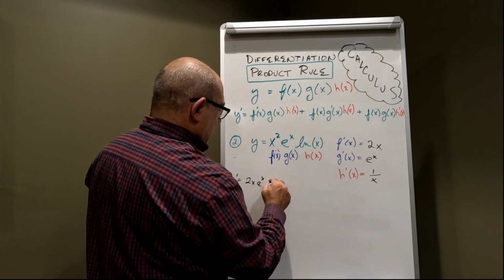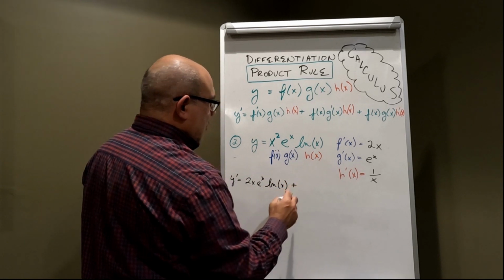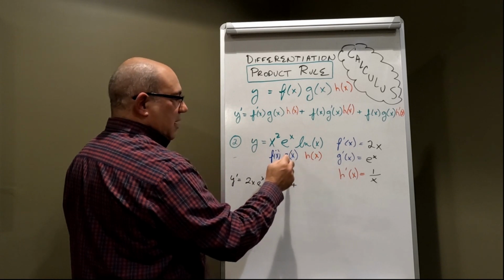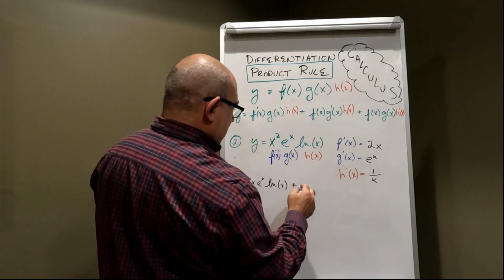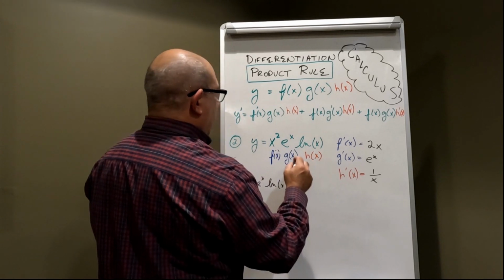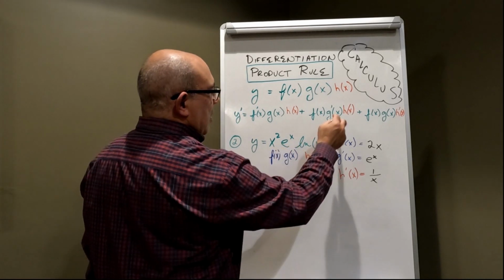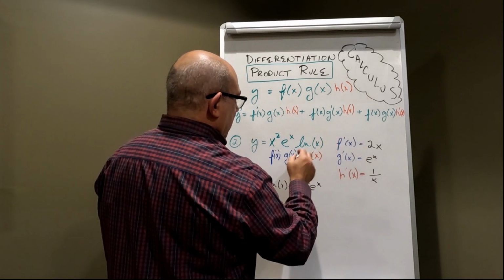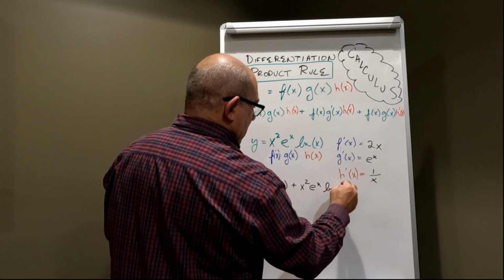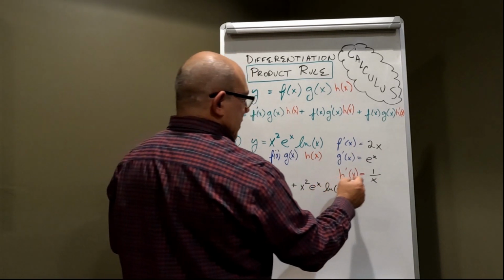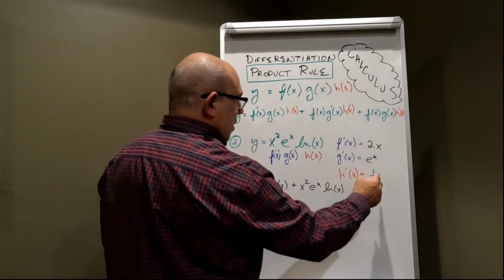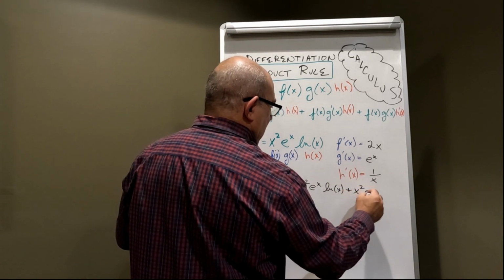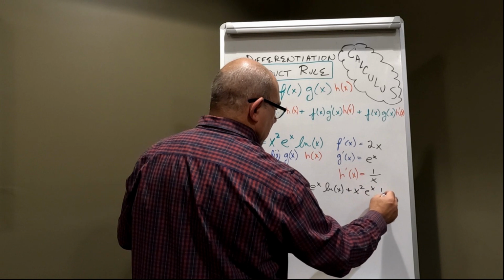And then the second term will be focused on differentiating the g of x, so f of x, which is x squared, times g prime of x, which is e to the x, and then h of x, which is ln x. All right. And now we have the third term where we're going to take the derivative of the log x, which is 1 over x. So we have x squared, e to the x again, and then 1 over x.